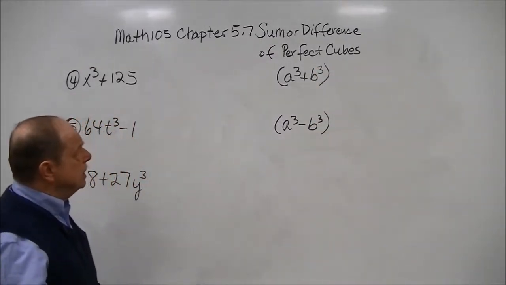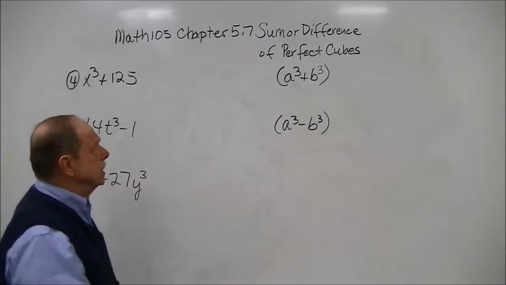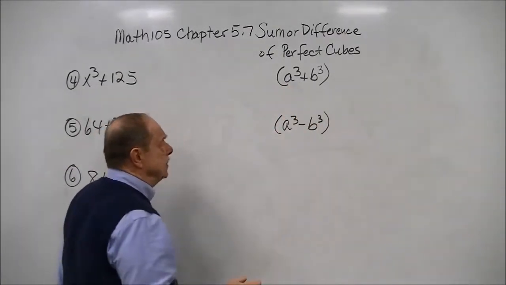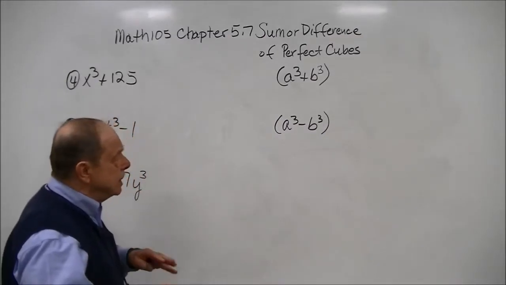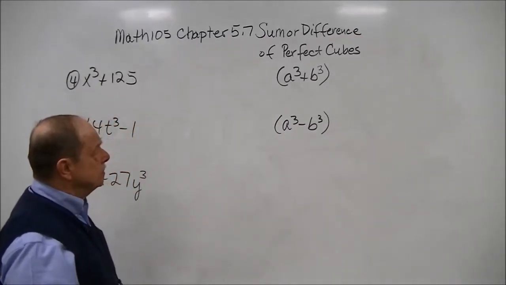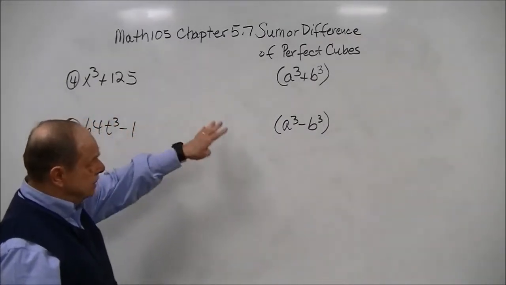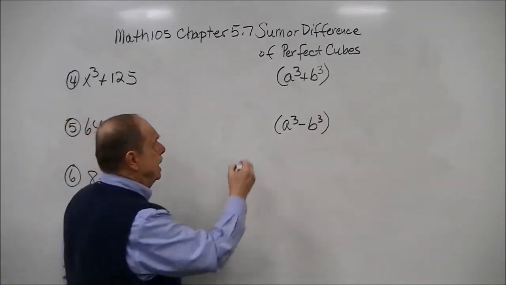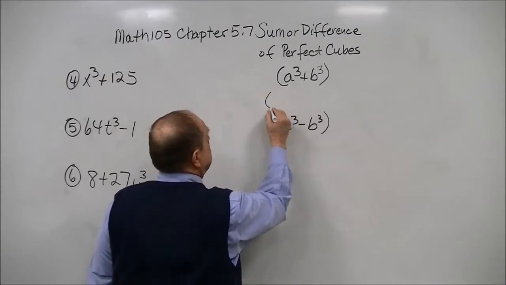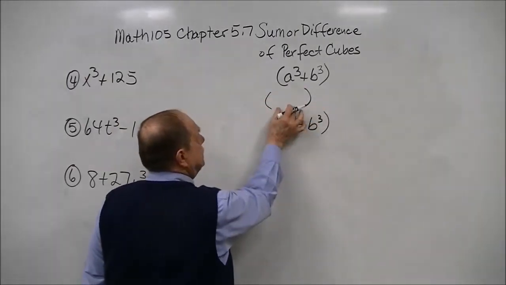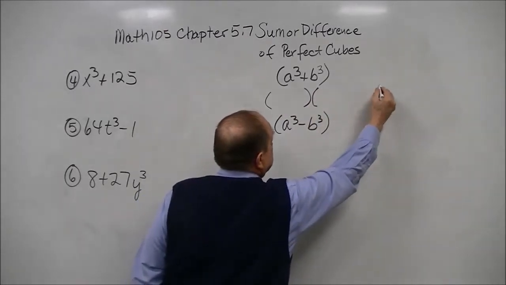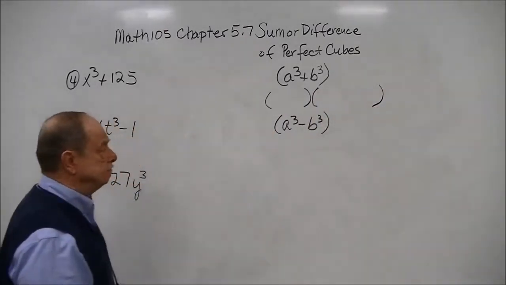So when we factor the sum or the difference of perfect cubes, there is a recipe that we follow. And I'm going to illustrate the recipe here. And that is to make a parenthesis for two terms and a parenthesis for three terms.